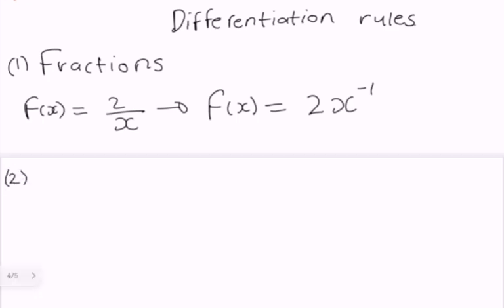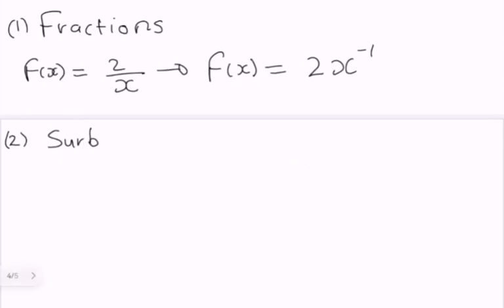The second one that you should know is the surds. What do I mean? It is when your x is under a surd. You'll be given something like f of x is equal to the cube root of x. You cannot find the first derivative while your x is under a surd.